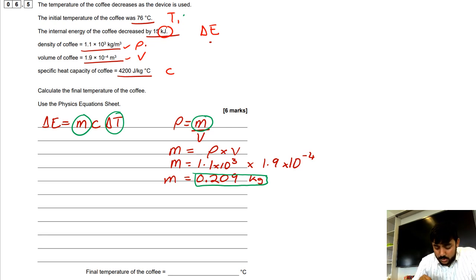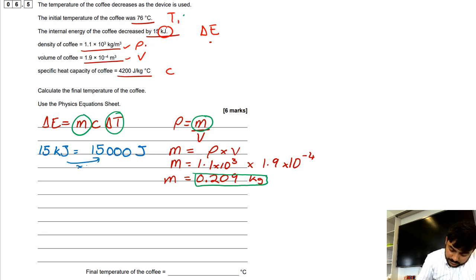Energy change is equal to mass times by specific heat capacity times by change in temperature. The only issue is the energy change is given in kilojoules, and I need that to be in joules. So 15 kilojoules is equal to 15,000 joules. Kilojoules to joules is timesing by 1,000.